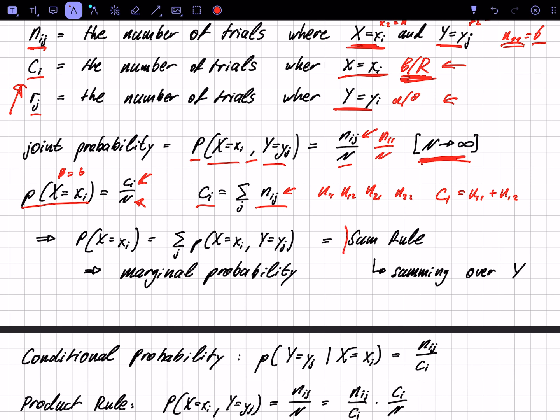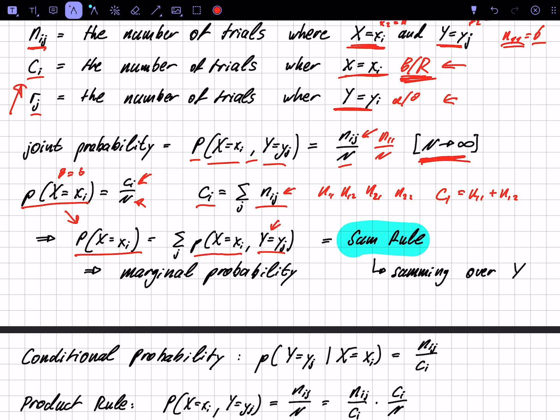And now we come to the sum rule. Let's highlight it. We come to the sum rule. And this says the same as that one, that we have a probability that the variable x takes the value xi, and we sum up over all the values that the variable y took.